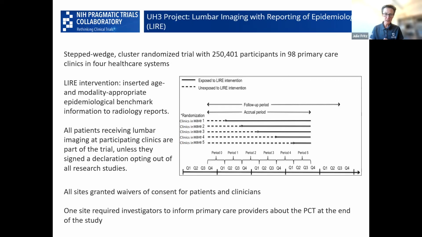The way this study handled it was that all the sites granted waivers of consent for patients and clinicians. So this just happened in the background. It became part of the standard reporting. But there was one site that was concerned about the providers and wanted to make sure they were told about the results at the end of the study. So again, you see that it's not always clear exactly how to handle some of these challenges.